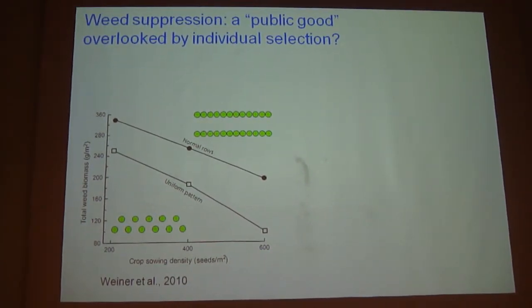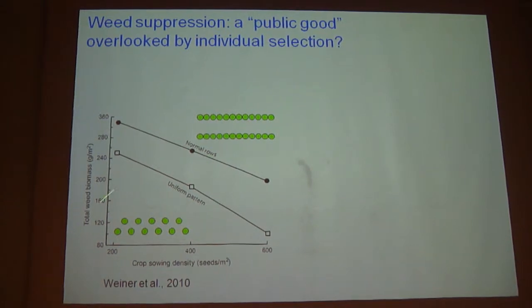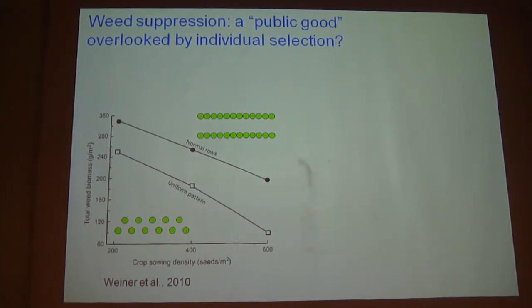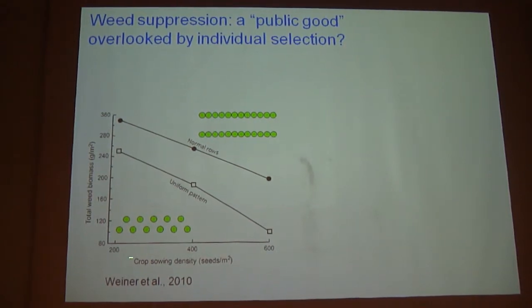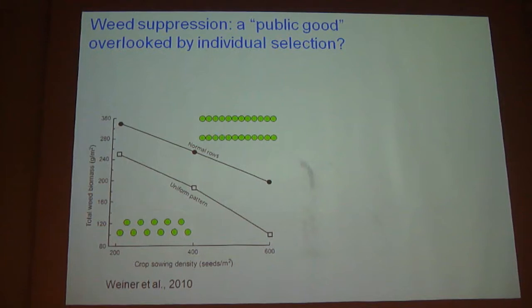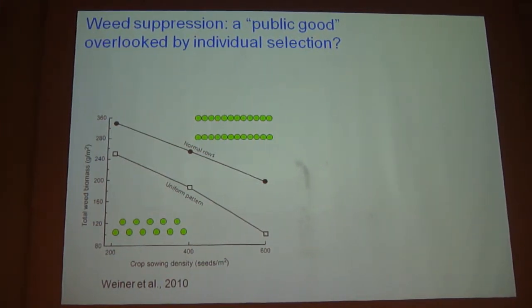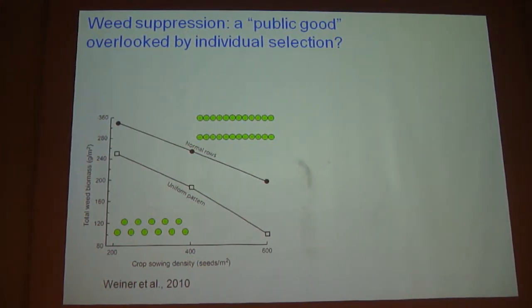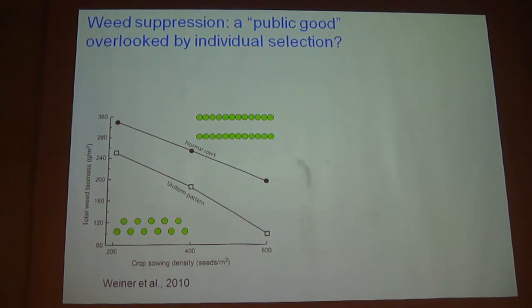The vertical axis is wheat biomass, so higher values are bad, like low wheat biomass. The horizontal axis is crop seeding density, so as you go to the right, you're putting down more seeds per square meter. And then the two lines reflect two different seeding patterns.